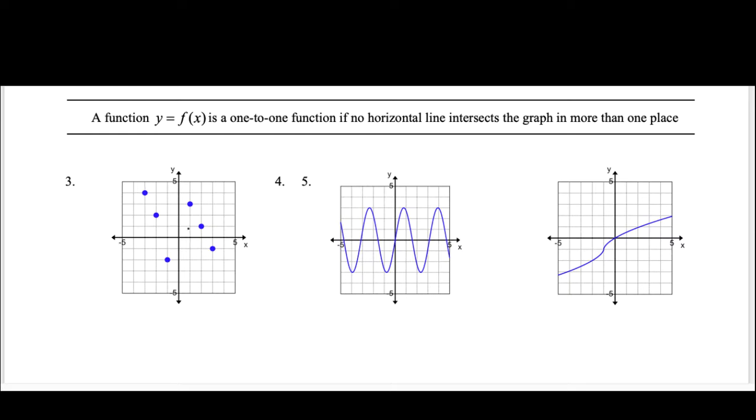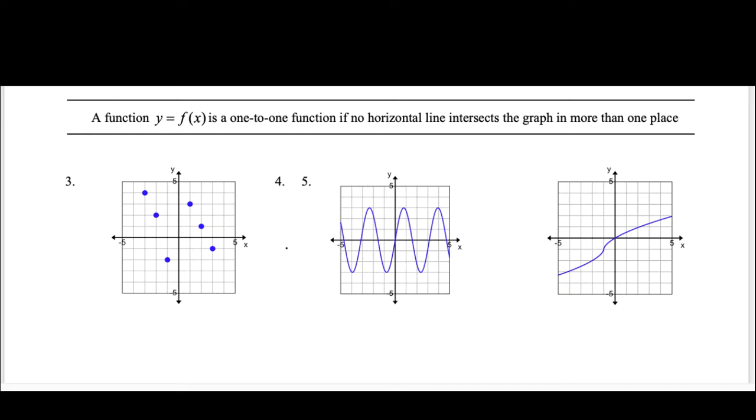So all three of these graphs that you see on the screen right here are graphs of functions. If you picture drawing a vertical line on any of these graphs, no matter where you draw the vertical line, that vertical line will never intersect the graph more than one time.